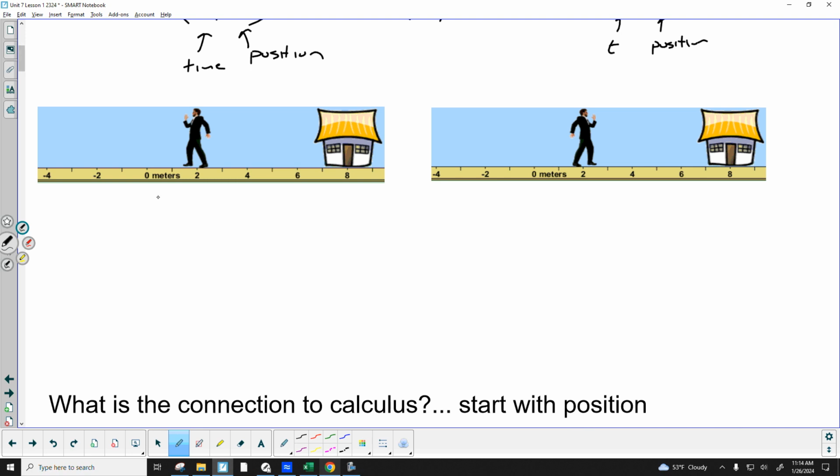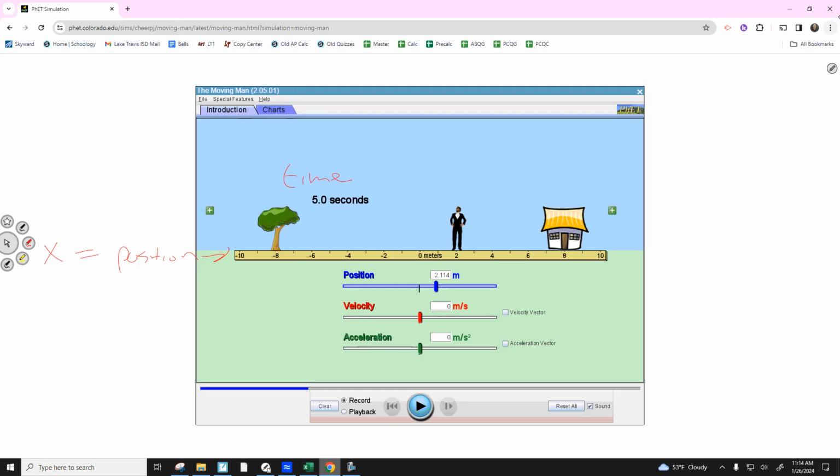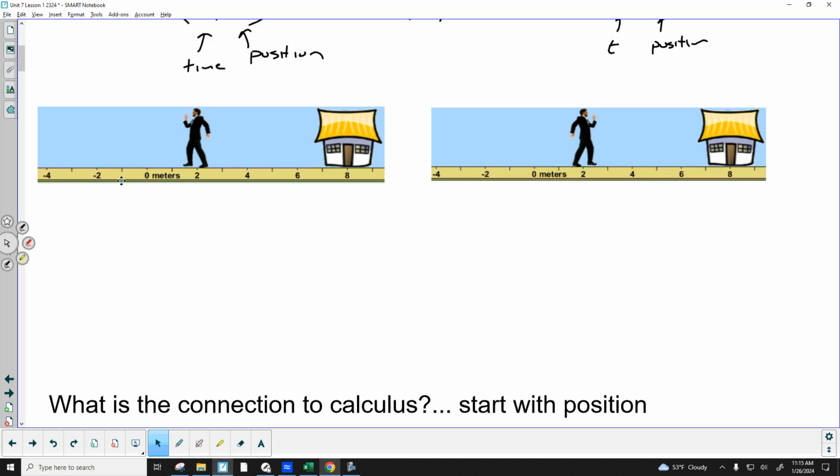Now, let's say the dude starts here, and then he moves that way. So let's say the dude has at time 3 a position of 2, and then the dude goes this way, and maybe at time 4 he's at a position of -2.